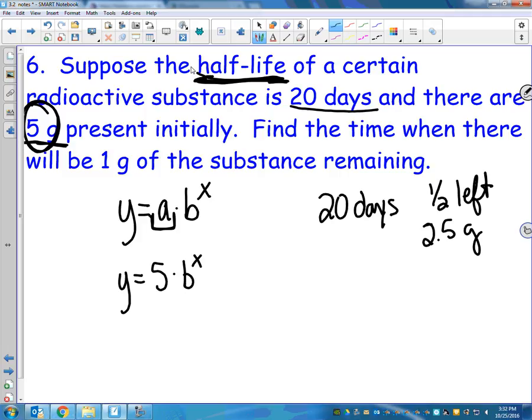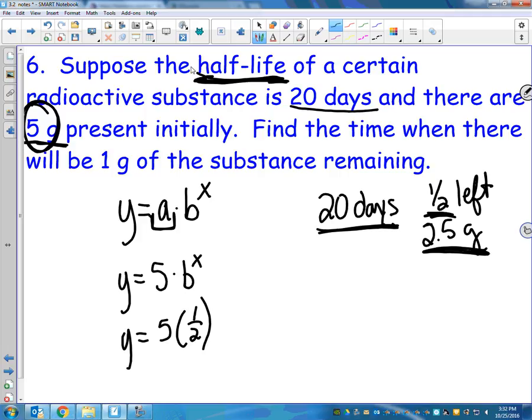There's another way we can do half-life, and we'll talk about that later on in the chapter. But for now, because it's half-life, you can make the base equal a half. And then you want to think about what the exponent would be so that after 20 days, so when I plug 20 in for x, I want there to be 2.5 grams left.